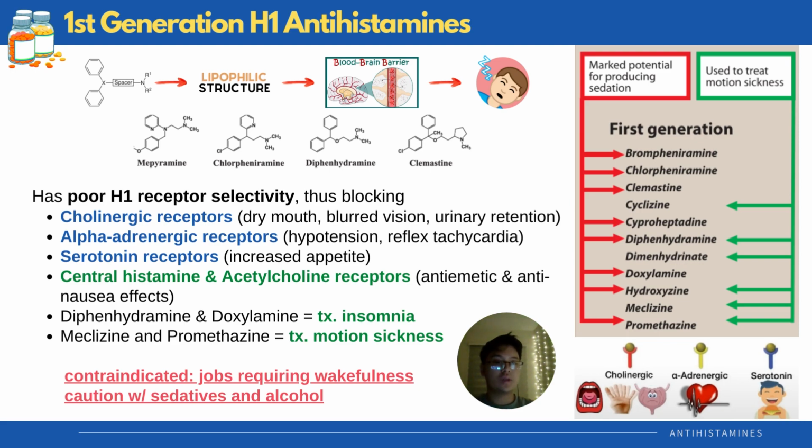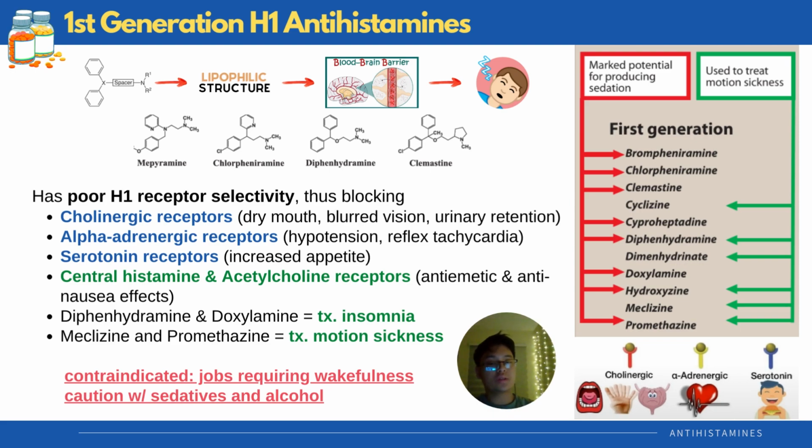Examples of the first generation antihistamines are brompheniramine, chlorpheniramine, clemastine, cyproheptadine, cyclizine, diphenhydramine, dimenhydrinate, doxylamine, hydroxyzine, meclizine, and promethazine.